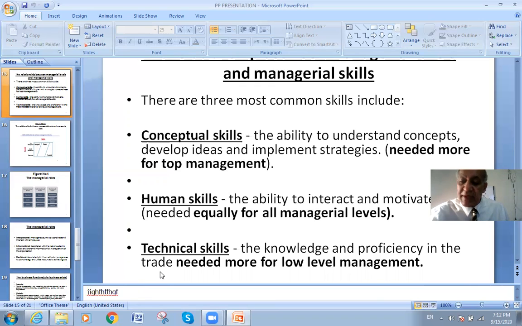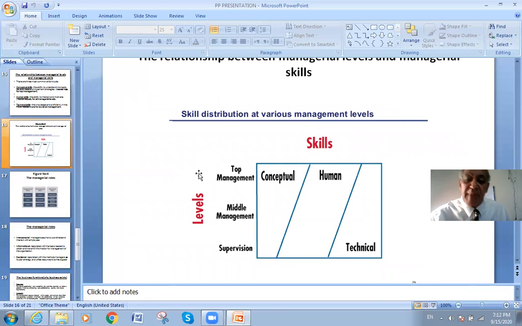The top managers must have more conceptual skills and less technical skills. You can see from the graph that top management has more conceptual skills, I mean the way they think. If you go to the board director's office, you will find computers, pens, calculators, because he's thinking and planning more than he knows about how the machine is working.